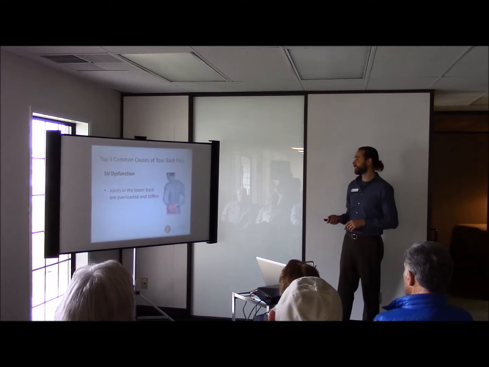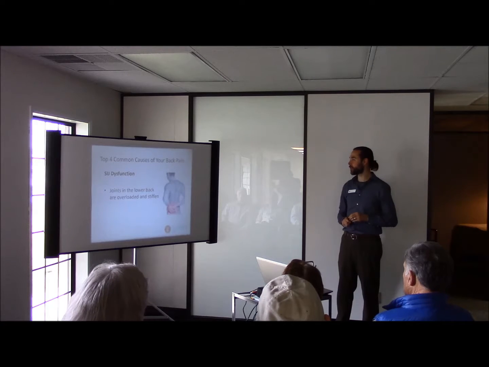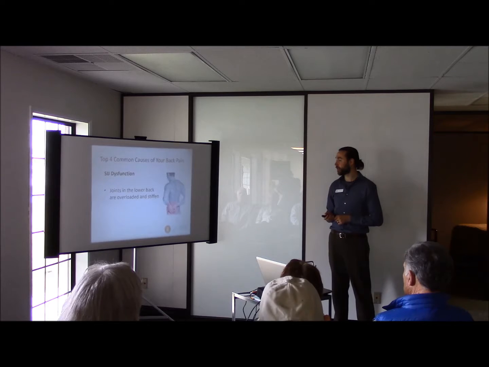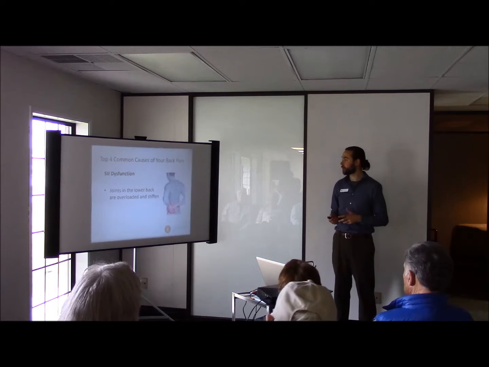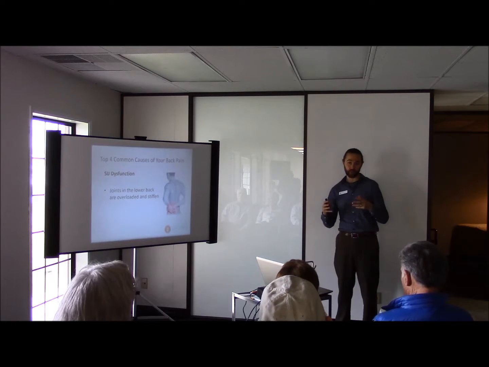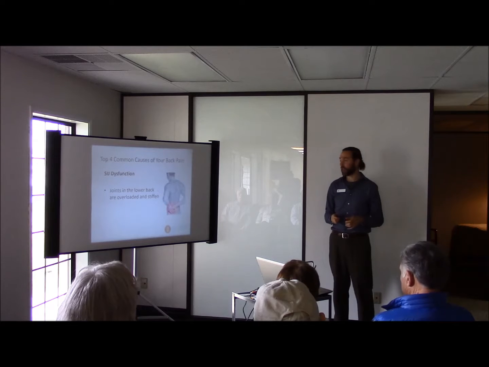Okay. So here's some issues again with SI joint dysfunction. A lot of times, like I was just mentioning, you've got joints in the lower back that are stiff, or kind of locked up. And so any of that movement or the force that should be going through those joints will then shift down the chain and end up causing movement or irritation of those SI joints.